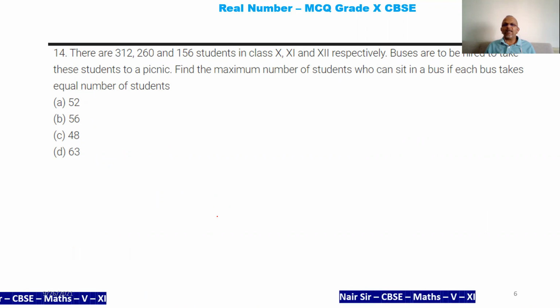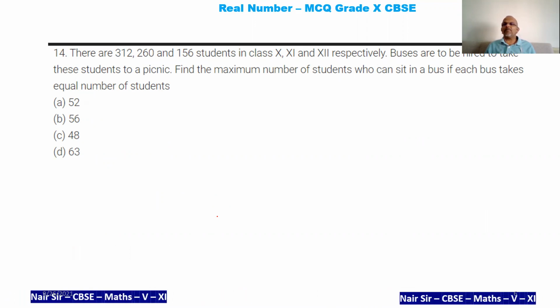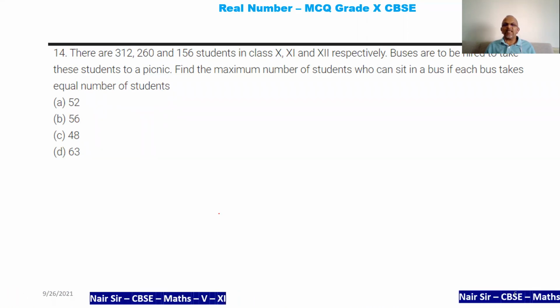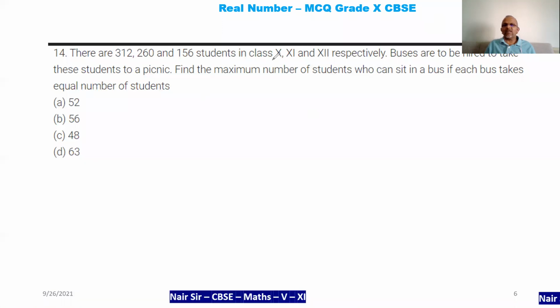Buses are to be hired to take the students to a picnic. Find the maximum number of students who can sit in a bus if each bus takes an equal number of students. Again, the same thing which I just explained to you. There are 3 standards. The 10th standard has around 312 students, the 11th has around 260 students, and the 12th has around 156 students.